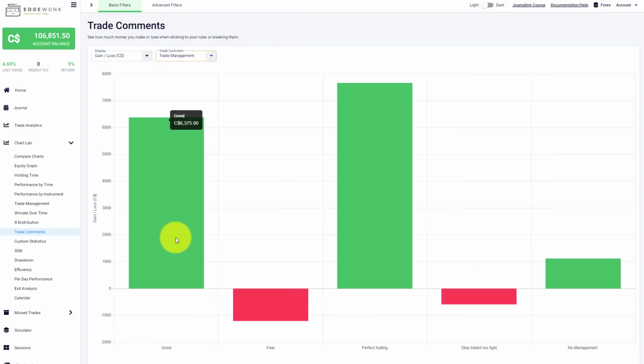You can see that good trade management and a perfect trailing are making this trader a lot of money, whereas a fearful trade management or a stop loss that is trailed too tight is costing the trader money on average. So this is how you can really find out performance leaks and identify areas in your trading that need a little bit more work and that you are not as good with. Or on the other hand, you can identify areas that are already making you a lot of money so that you can repeat those things and trade with a lot more confidence.